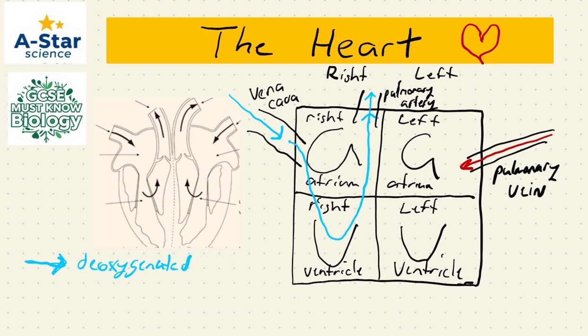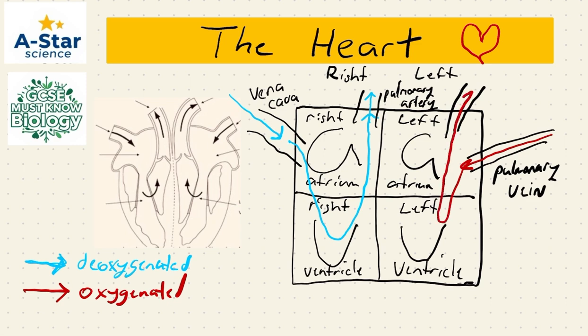And we can put that down here. The red represents oxygenated blood. And then this leaves the heart. This blood goes down and then leaves the heart, and travels to the rest of the body through probably the most important of the blood vessels from the heart, called the aorta.